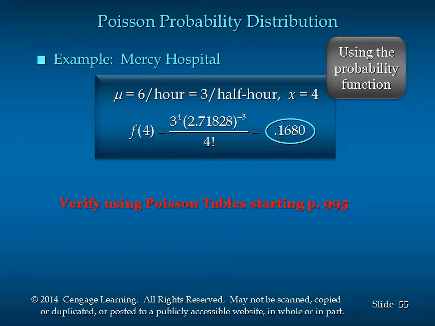Now the interesting thing is, if you go down and ask what the probability would be that they would get 0 people, and we extend this down the table. What's the probability for this emergency room that you would get 0 people in that half hour period? Would it be 0? No. It's 0.0498. That's right.